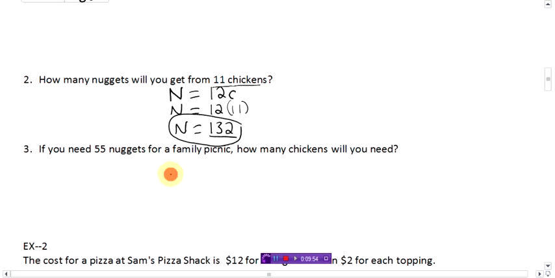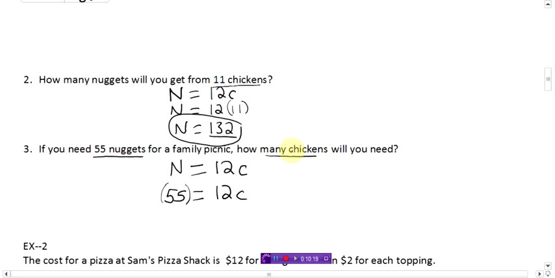Again, our formula for this chickens and nuggets thing is nuggets equals 12 times chickens. We're told we have 55 nuggets, so we're going to put 55 in for nuggets. 55 is what we're subbing in. Don't have to put it in brackets, but we'll do it anyway, just to be consistent. 12C.